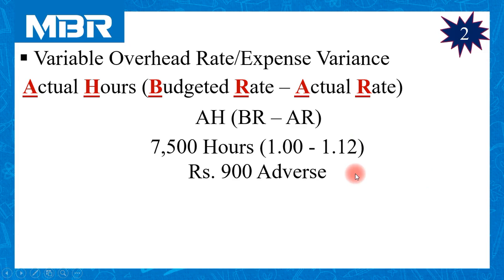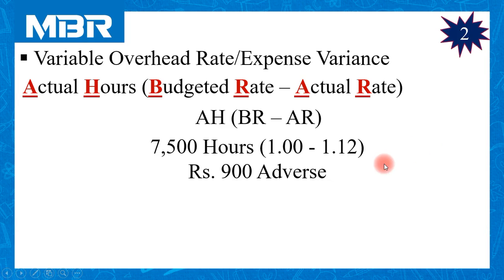We have decided to pay rupee 1 per hour, but we have paid rupees 1.12. Here we have paid 0.12 in addition to the rate decided by us. So when we are paying an additional amount, it increases our cost, and when the cost is increased, profit is decreased. So this variance is defined as adverse variance.